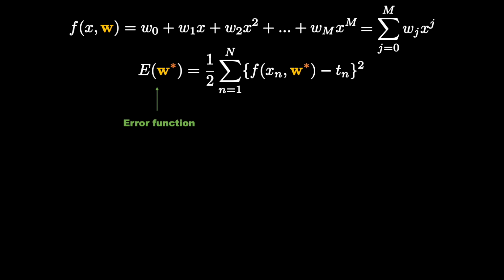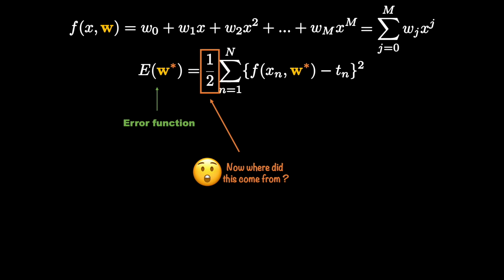And we can call this formulation of ours an error function. This specific form of error function is called the sum squared error function. But note that there is an extra item in this function now that was not there before. This is a scaling factor of half.